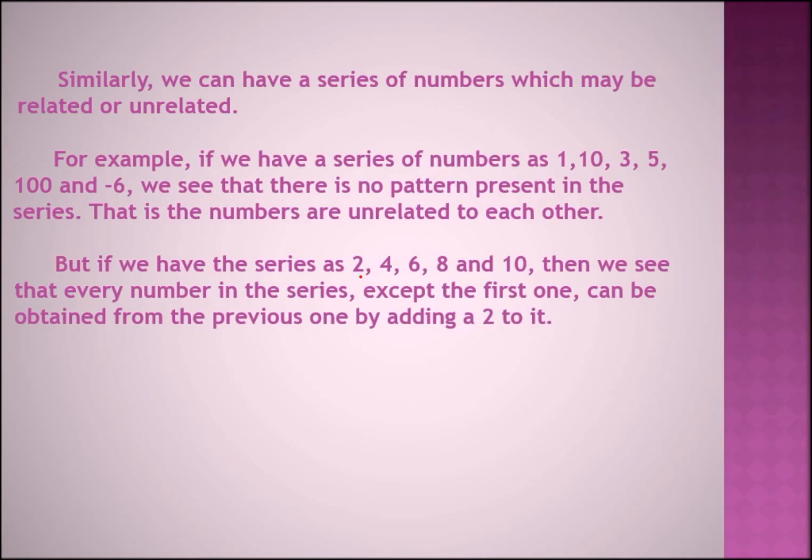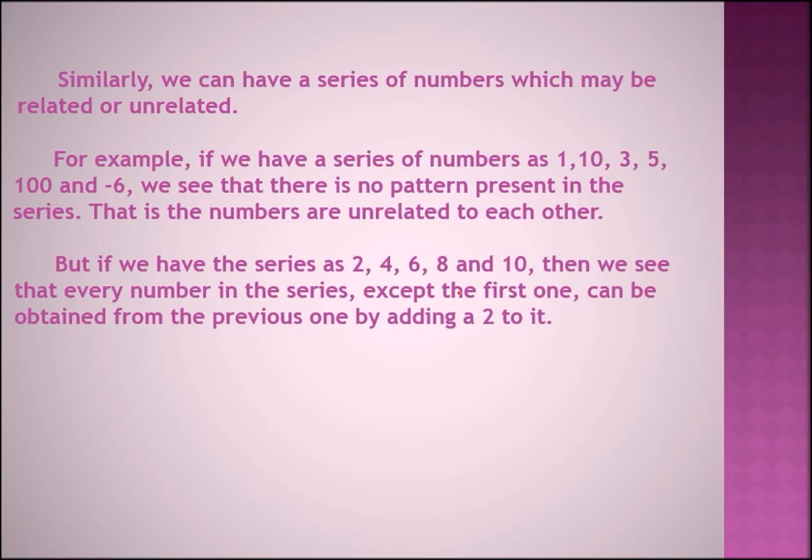But as soon as we get 2, that is the first one, we can get the succeeding terms from this 2 by adding a 2 to each number. If we add a 2 to this first term 2, we'll be getting 4. To this 4, if we add a 2 again, we'll be getting 6. Now 6 plus 2 gives us 8. 8 plus 2 is 10.